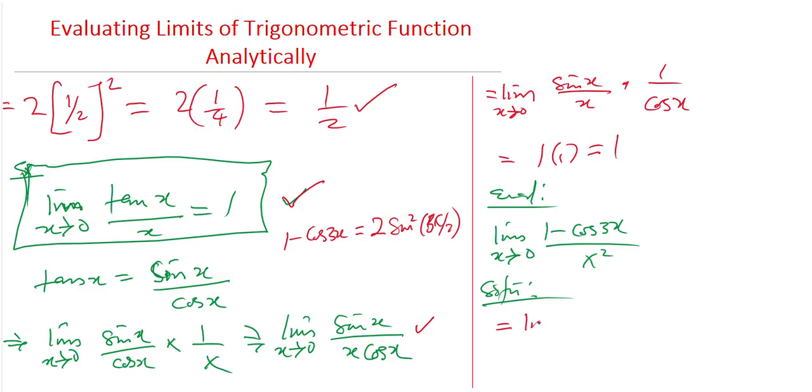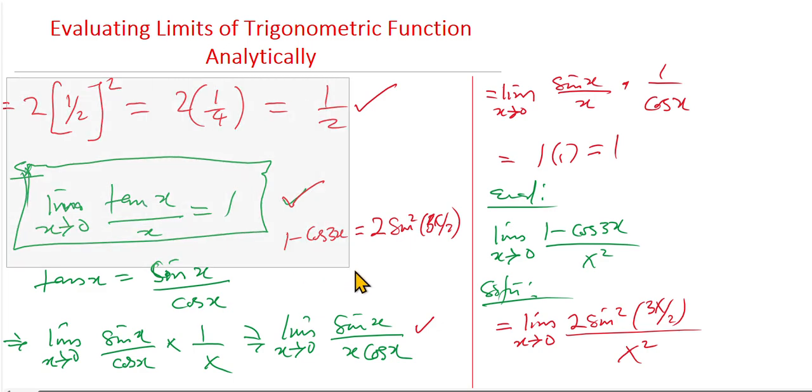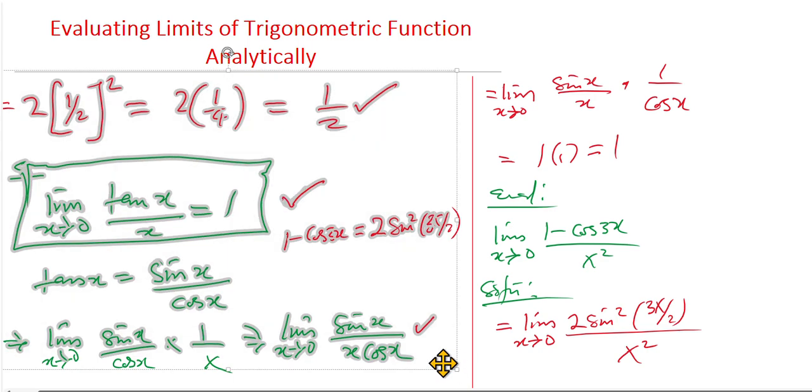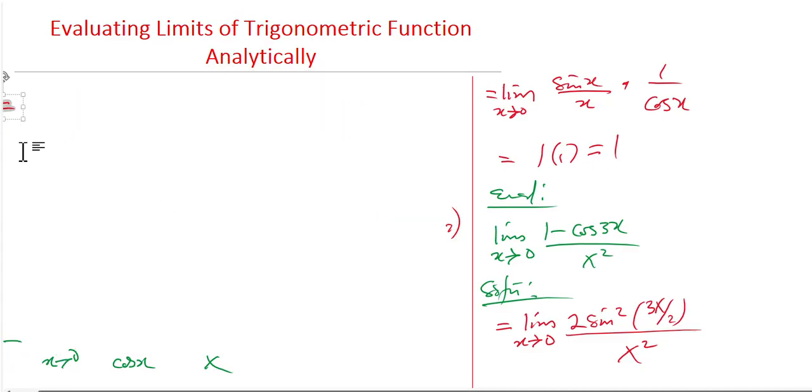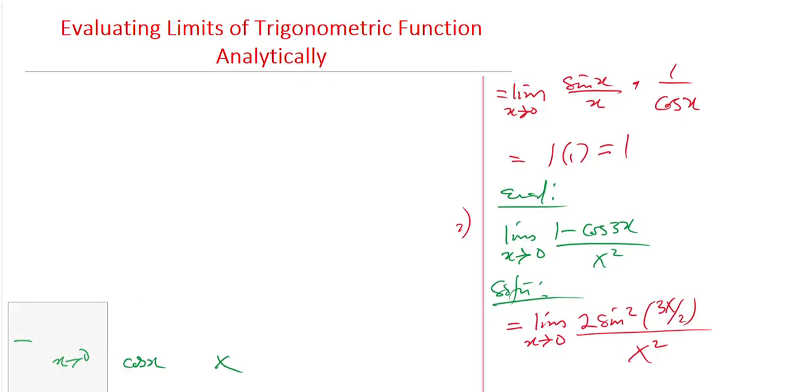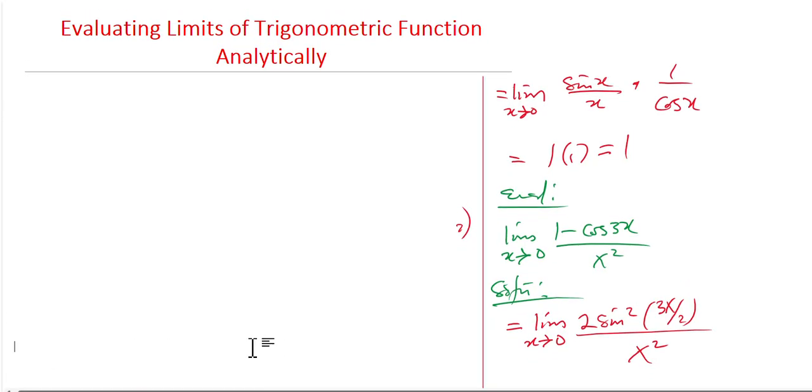So we are going to have the limit as x approaches 0 of 2 sine square 3x all over 2, everything divided by x squared. Now let's simplify that further.